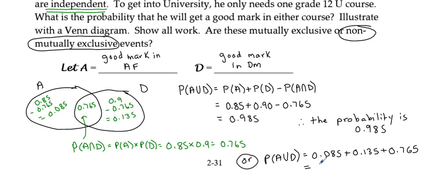And that also works out to 0.985. So that's just an alternate way you could have answered that question.